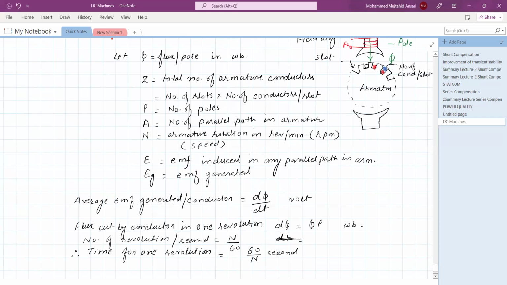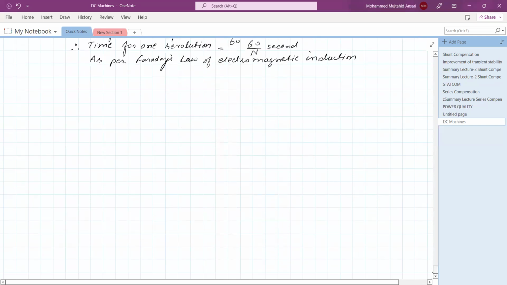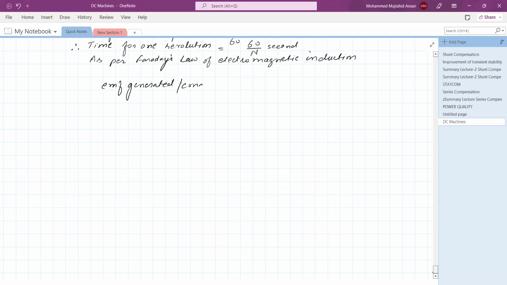Hence, as per Faraday's law of electromagnetic induction, we can write the EMF generated per conductor is equal to d phi by dt, the rate of change of flux linkage.